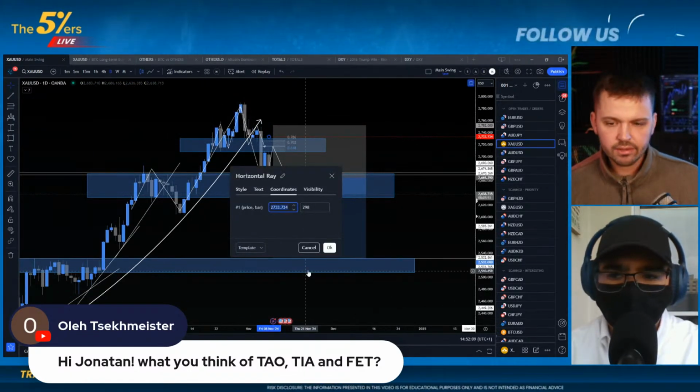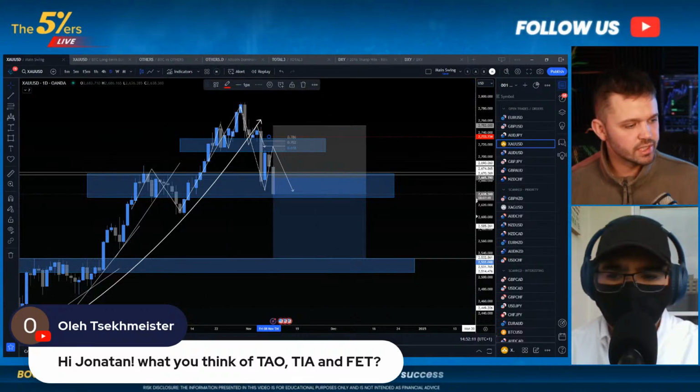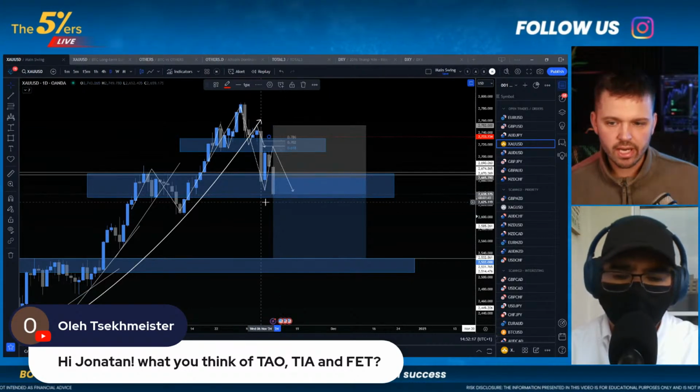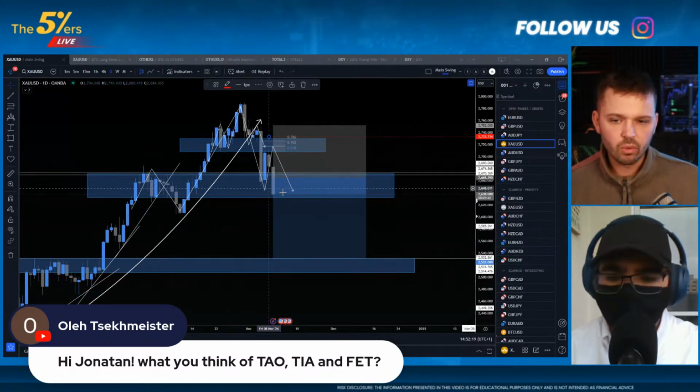I'm not going to add to the position just yet, but I will most likely add on the next break lower and have it for a one to one risk to reward.